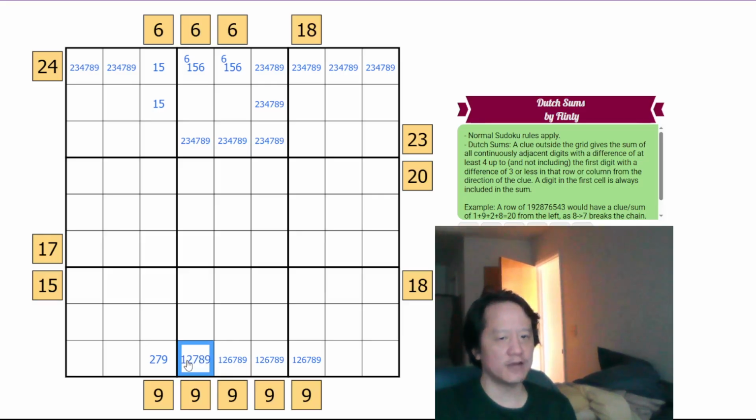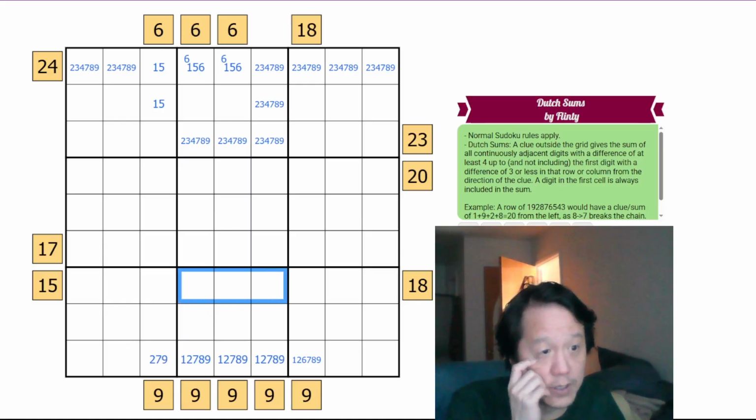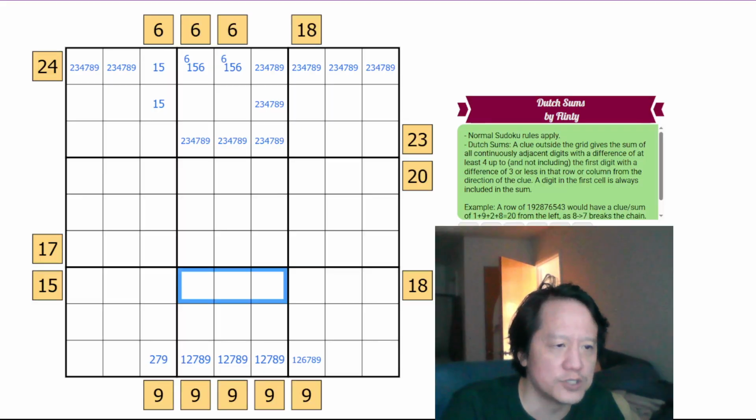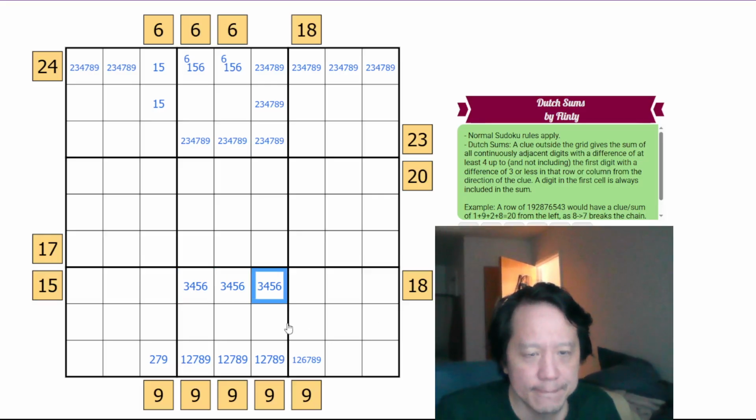So you cannot have 1, 2, 6. So this must be 9, 1, 8, and 2, 7 as the possibilities in this box, which means the remaining digits in the box cannot be 1, 2, 7, 8, or 9. So it's 3 through 6 in one of these cells here. And we have another 3 through 6 here.